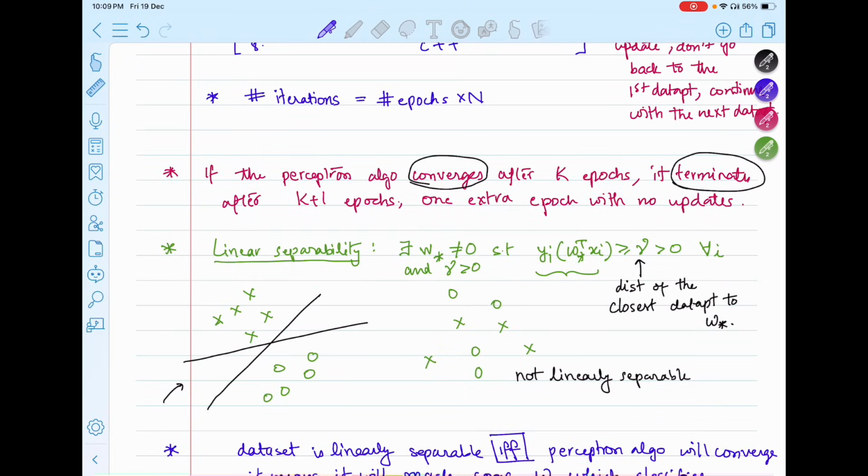We are assuming that there exists a W star which is non-zero, which satisfies these criteria. At the same time, we can also assume that W star has norm 1. Because whatever W you give me, I will just divide by its norm and I will get a norm 1 vector, which is the same line, but its norm is reduced. And still I will be able to satisfy the same criteria. So having this assumption doesn't hurt.